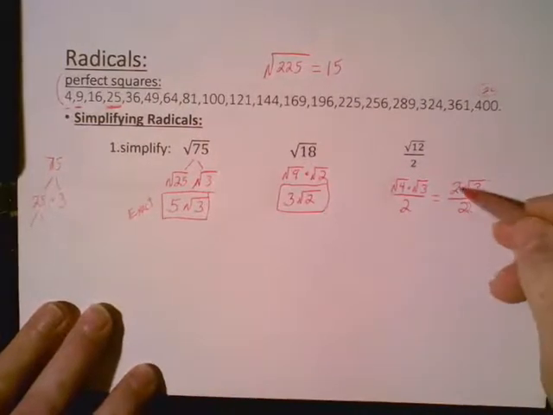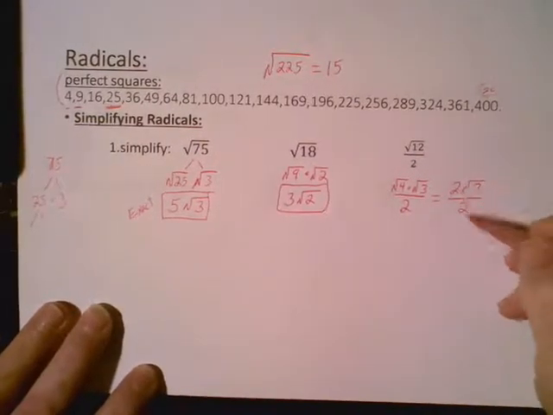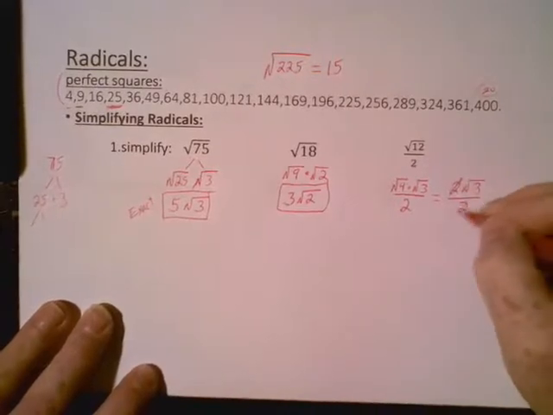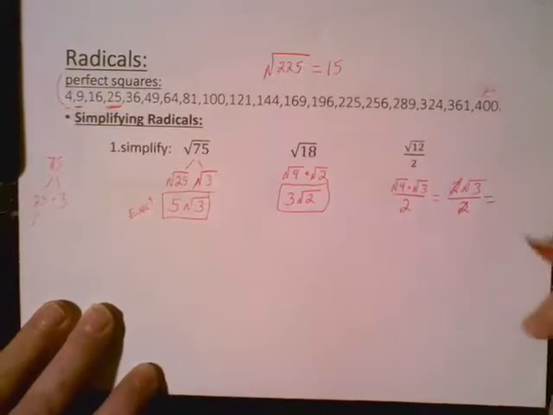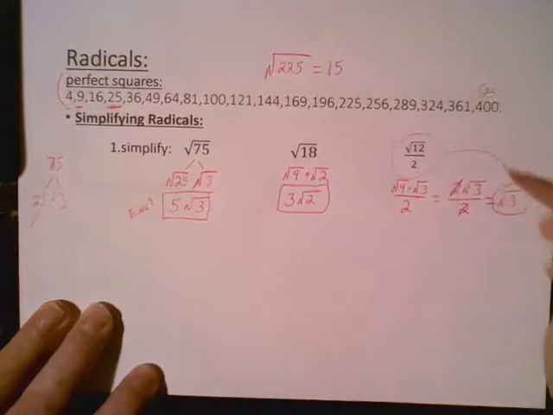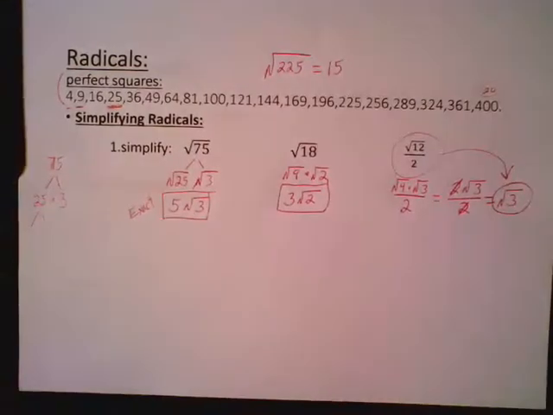Now, this 2 and this 2 are regular numbers, so those you can reduce. They just sort of cancel each other out, and we're left with just the square root of 3.